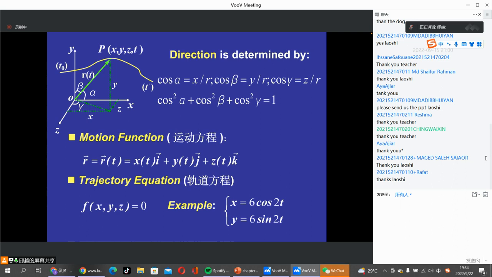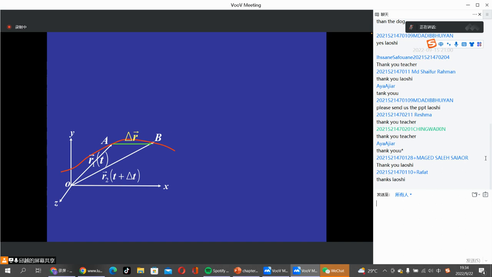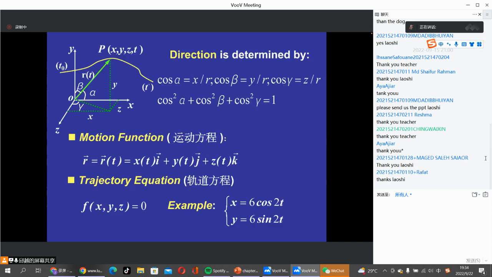But we can rewrite this as a trajectory equation. I hope you can rewrite it. I hope you can think, what will you do? What is the trajectory equation for this motion?